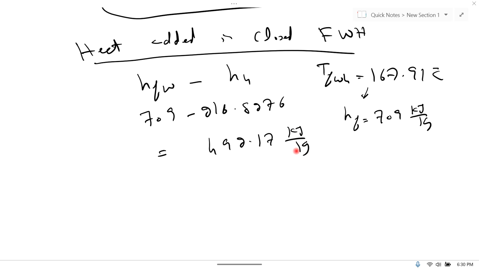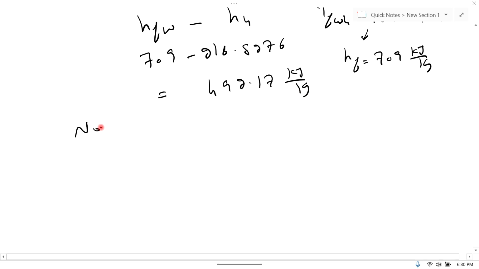Now we apply mass balance equation on the high pressure turbine.